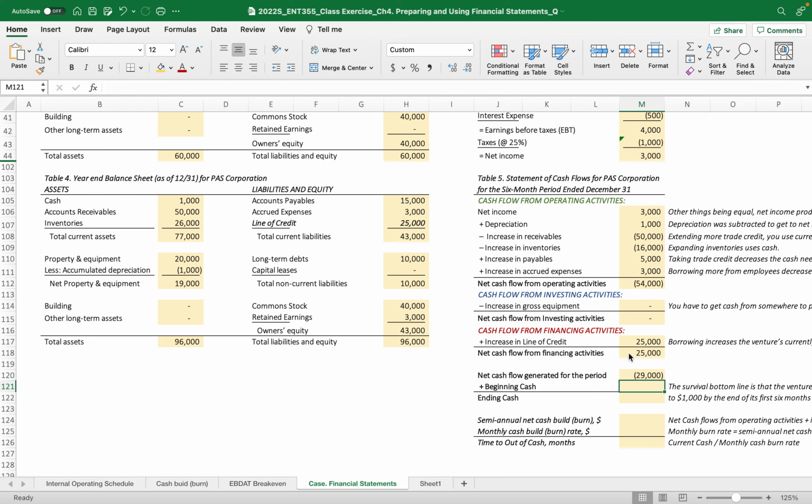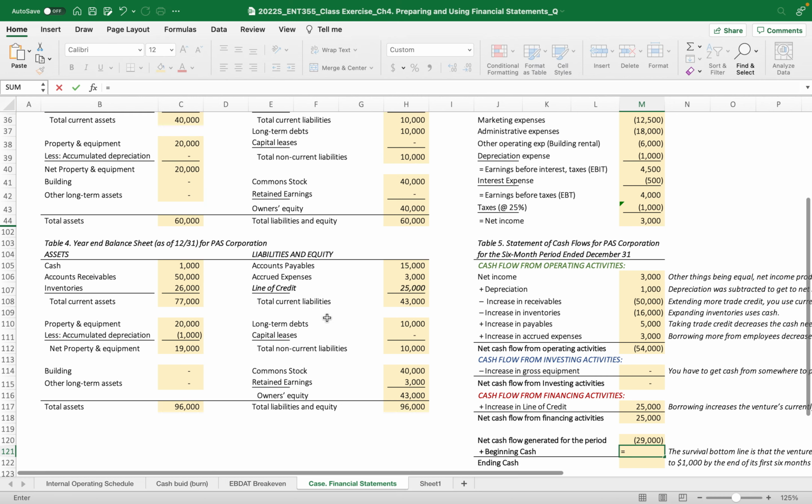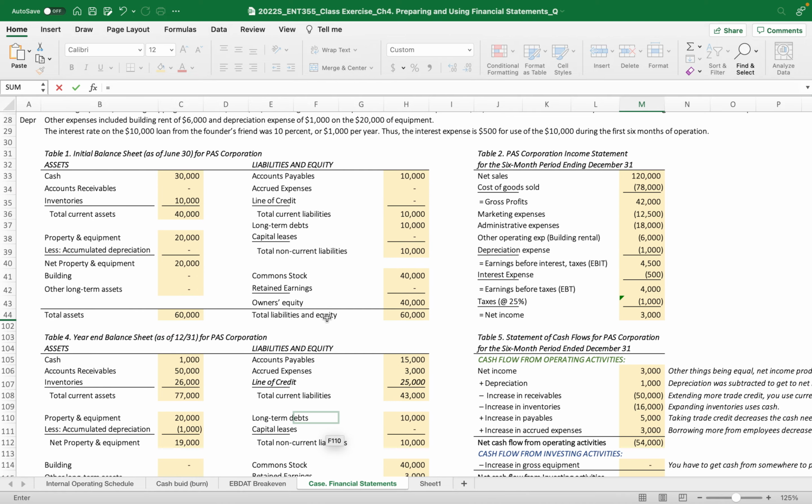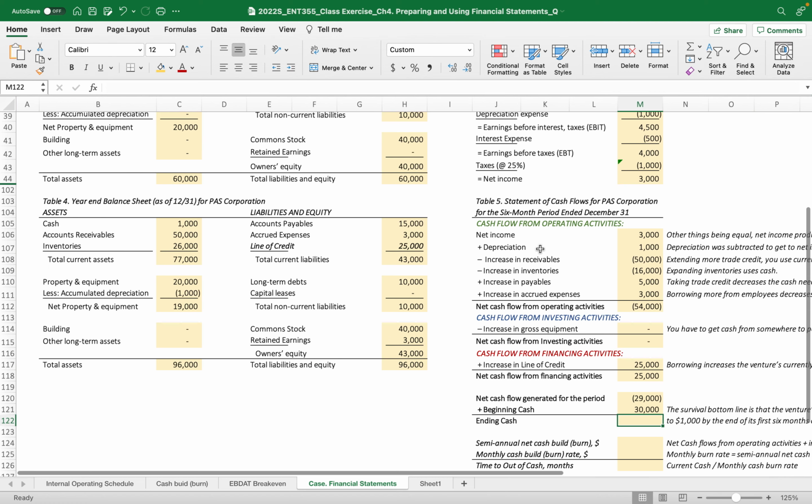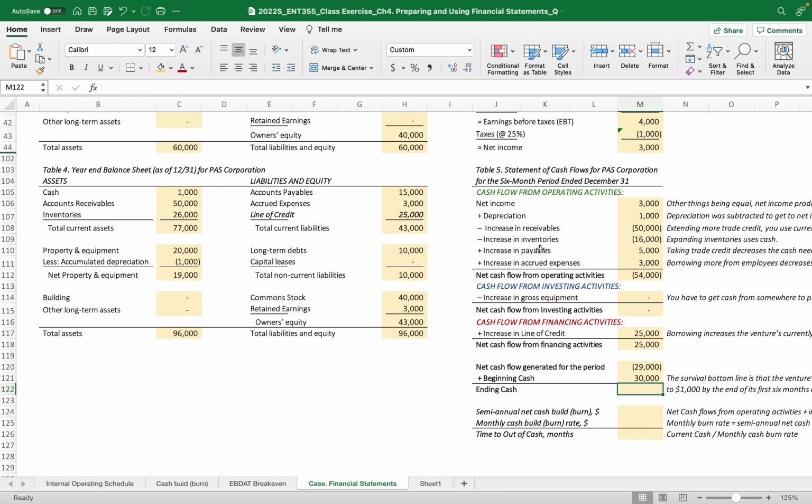So the company used cash for the period. How much was the beginning cash? Now, where do you get this beginning cash? There you go, beginning cash when the company started. So the ending cash amount must be 1,000 here, right? The same.